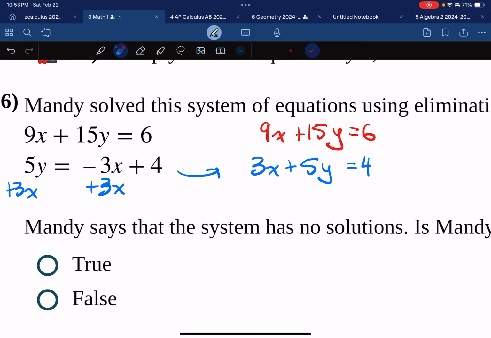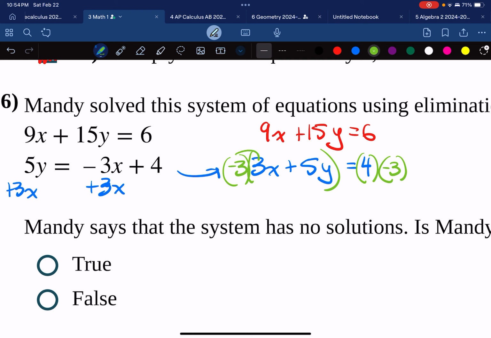So the next thing I need to do is, well, this 3 and this 9 aren't the same. I'm just going to choose to eliminate the x's because it's first. Let's multiply this bottom equation by -3. If I distribute, that's going to turn into a -9x, -15y, and -12.